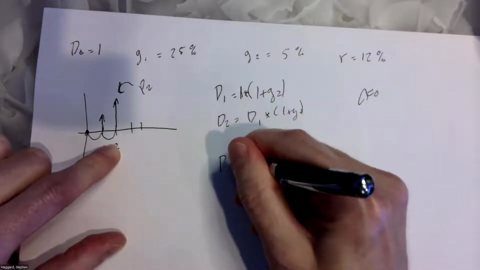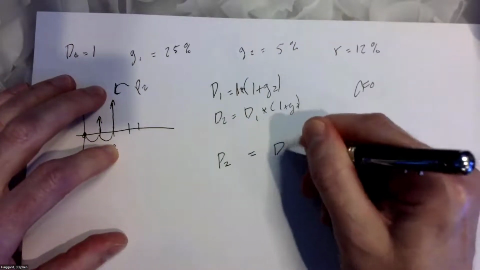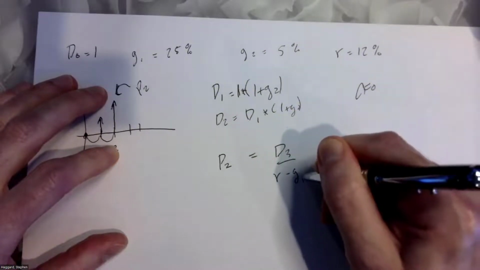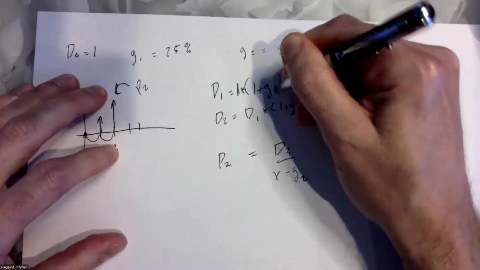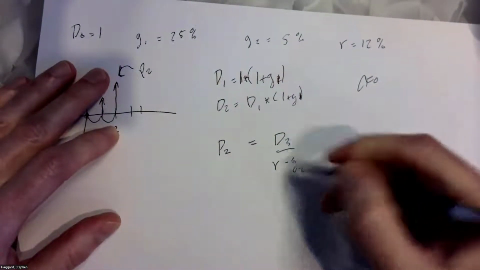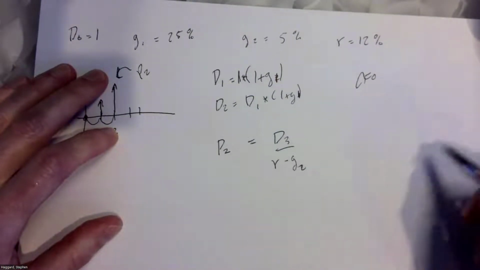So that's all we need to know for the individual dividends. Now we need to know P2. And P2 would just be D3 over R minus G2. Sorry, should be G1 up here. Okay, so this should be D3 over R minus G2. Do we know D3?